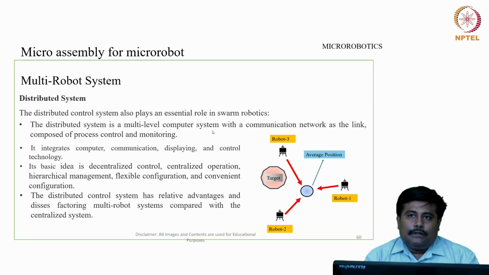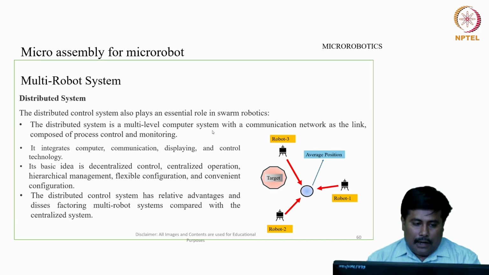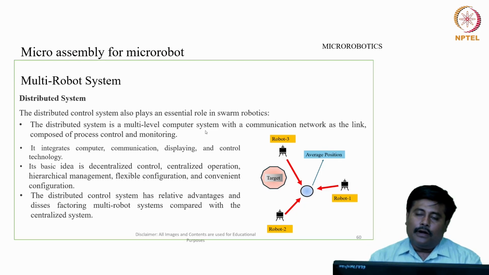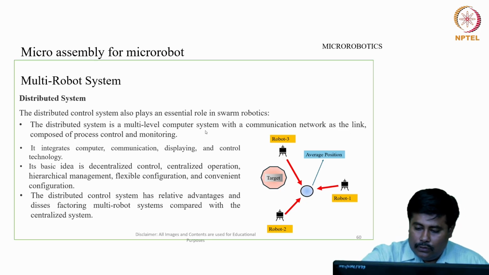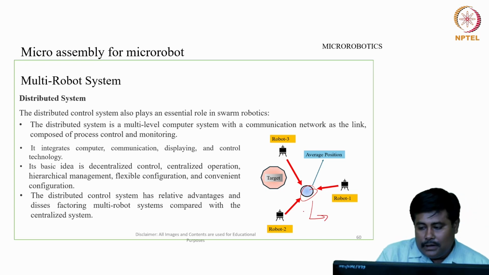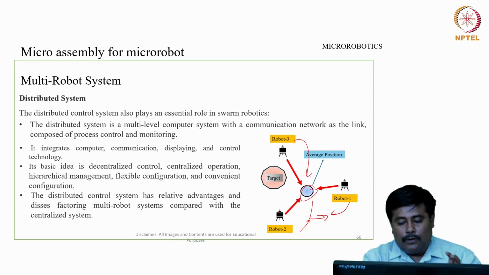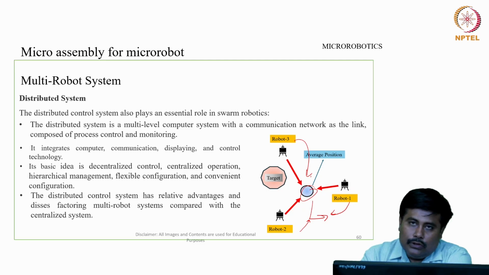One of the key ideas of this control system is that it has a centralized operation with hierarchical management. Since you have a centralized portion over here, it will decide about the influence of the robot, or the participation of the robot, towards a particular operation or management.